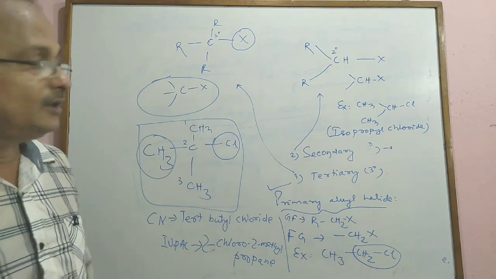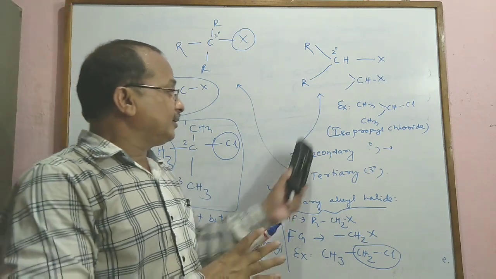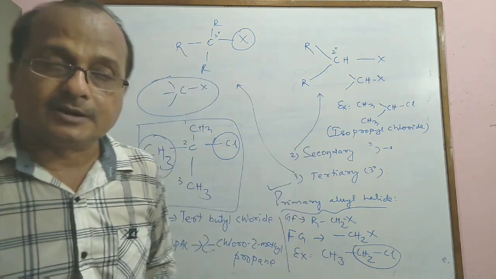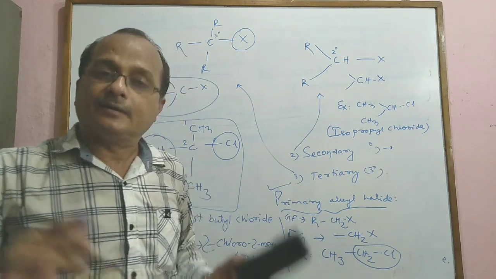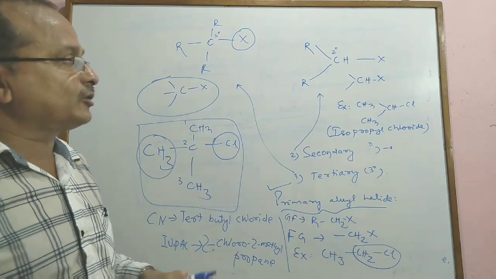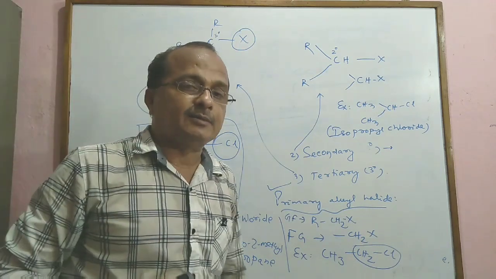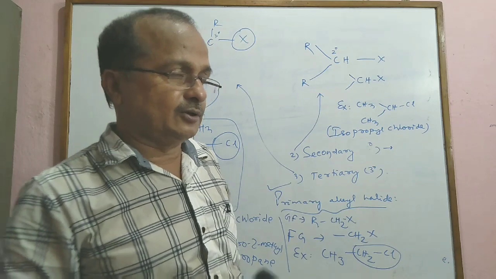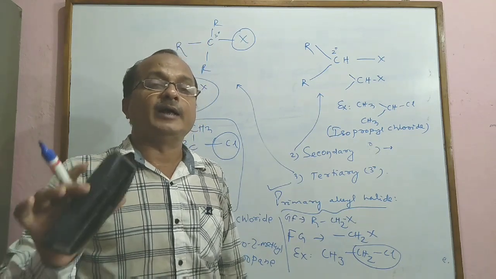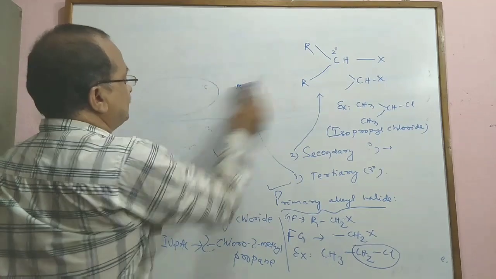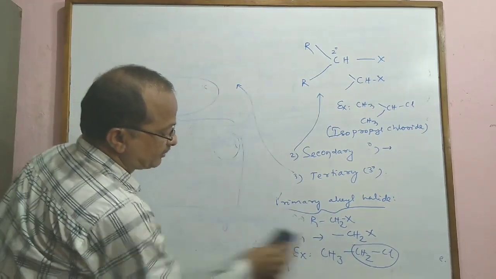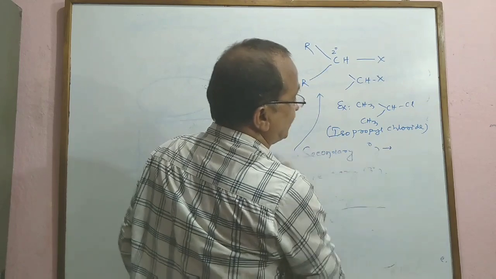As the longest chain contains 3 carbon atoms, so it is propane. So this is all about the types of alkyl halide on the basis of nature of carbon atom: primary, secondary and tertiary. Next we come to another classification, that is types of halogen derivative on the basis of hybridization of carbon. As you know, carbon atom undergoes 3 types of hybridization.